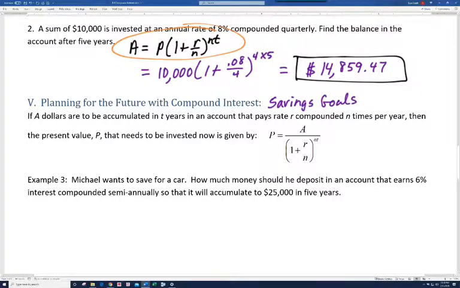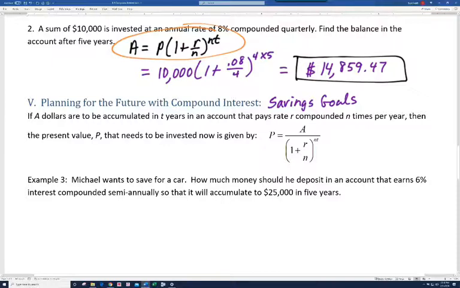In other words, like in problem 2, I said I'm going to invest $10,000 for 5 years. How much will I have in 5 years? Now I'm saying, I need to save this amount. How much do I need to invest right now? What does my P need to be in order for me to have that amount in T years?